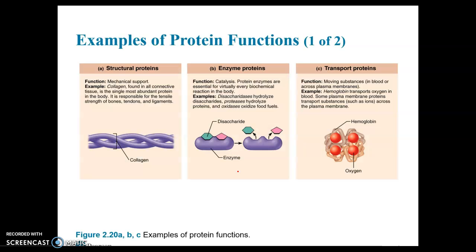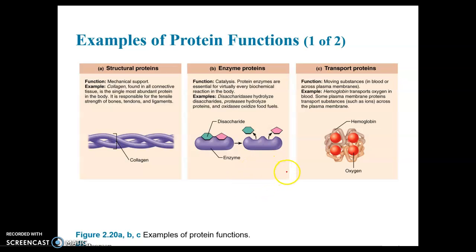Some examples of protein function: we have structural proteins like collagen that's found in your skin and bones. Enzyme proteins, the enzyme is the purple part. Basically what's happening here is this is sucrose. If you remember what sucrose looked like, there's a glucose and fructose. A glucose and a fructose combine to make sucrose.